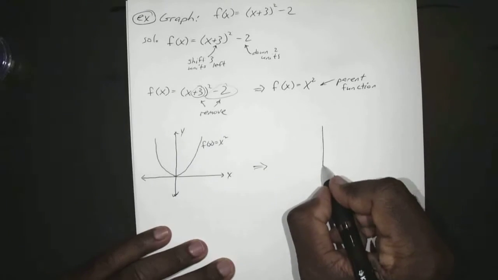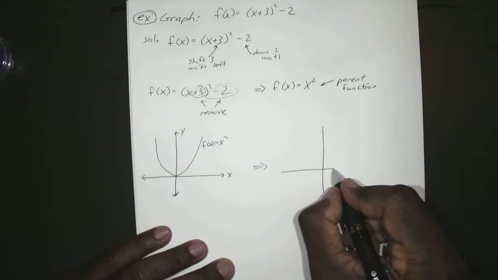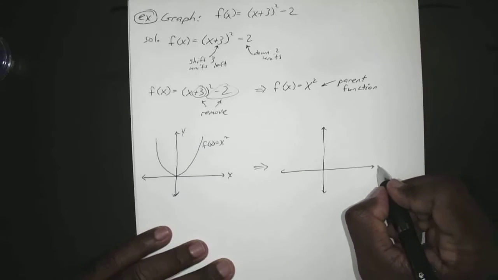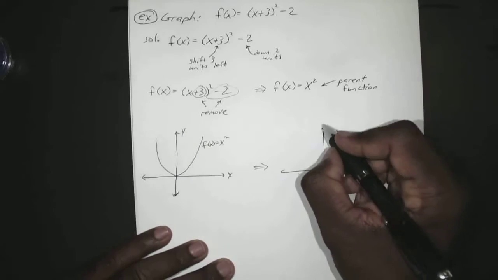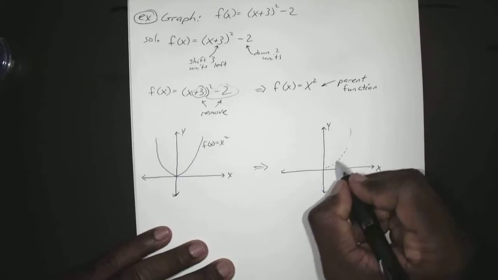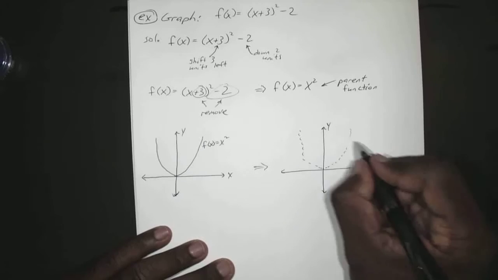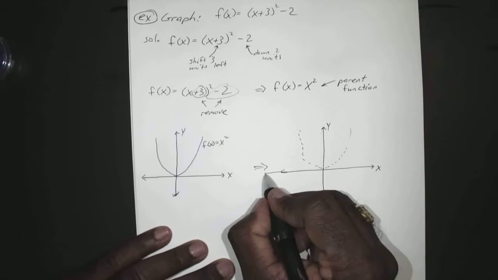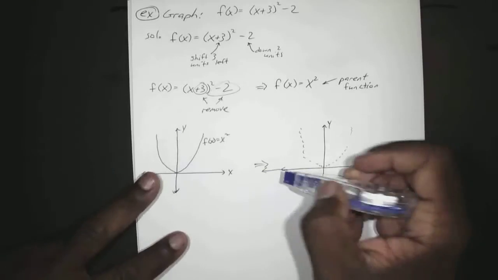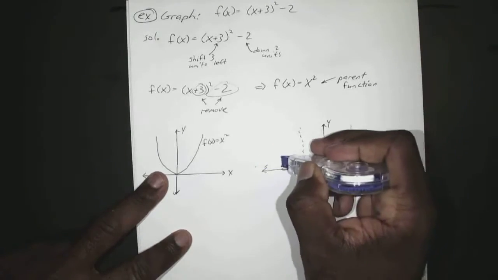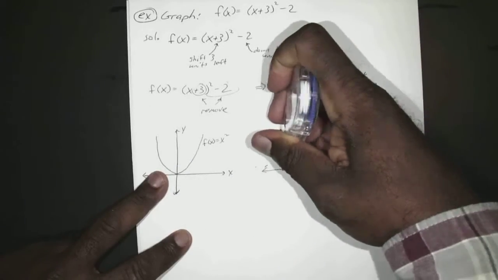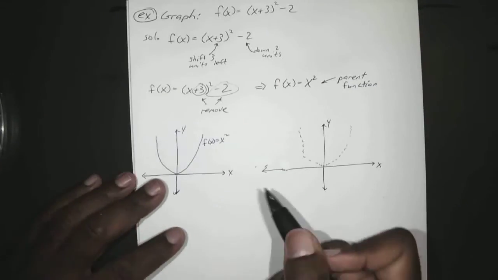Okay, so we have our x and we have our y. And we're going to give an outline of our x squared. Oops, should have made that a little further that way. Give that a little more room. There we go.